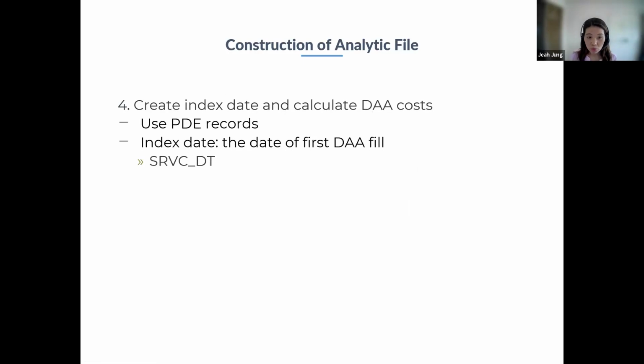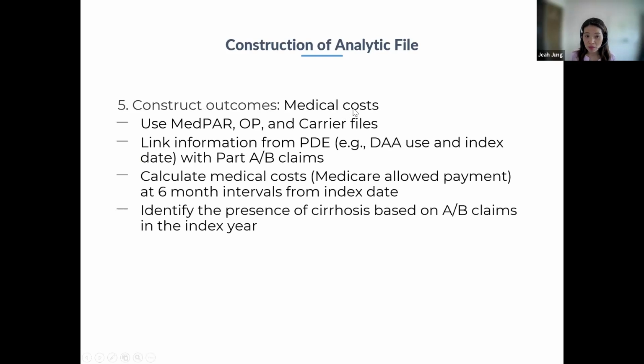And once we identify the index date, you have to carry this information from Part D to Part A and B data, right? Because we're going to calculate medical cost only from that index date. Before that, we are not interested, right?